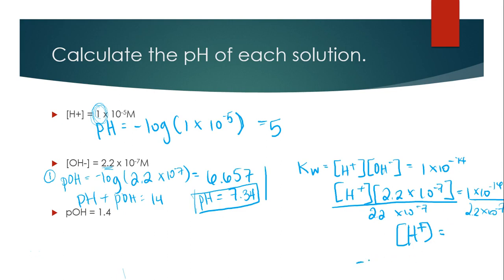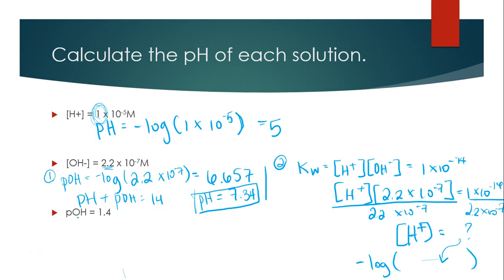And then we put that into the negative log of whatever number we get, and you'll find it. But to me, this is a whole lot of work. This is a whole lot less work, so I much prefer method number 1. Now, if you were looking for the concentration of the H pluses, this would probably be your shorter route, is just to go this way.